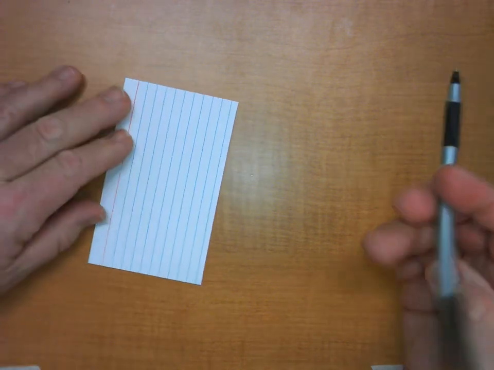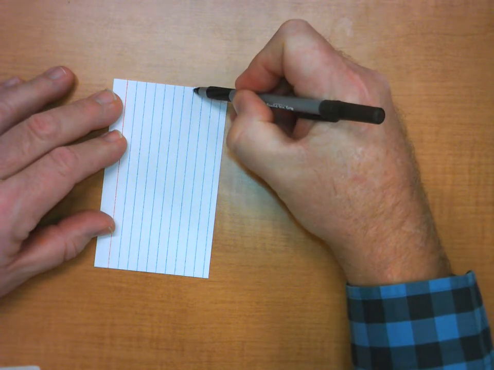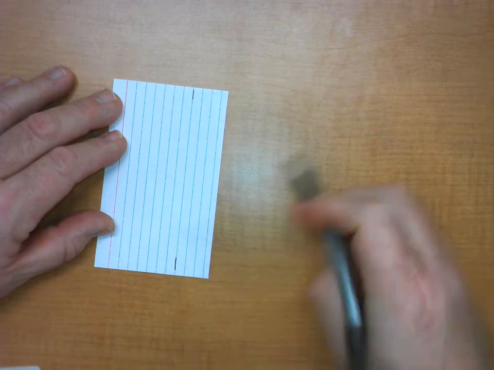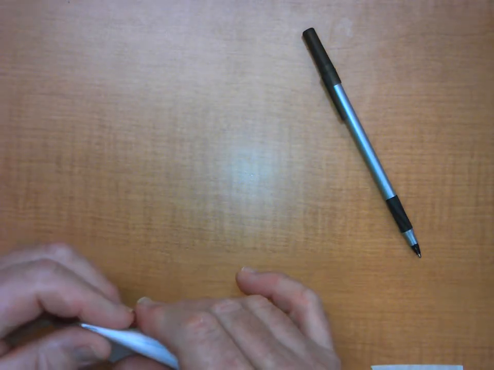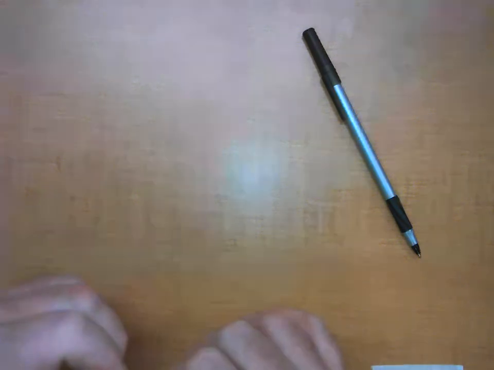So here's what I'd have you do: take your index card, and if we count up 4 lines, 1, 2, 3, 4 lines, make a line. 1, 2, 3, 4 lines, and make another line. And then we're going to fold right on that line of the index card. Okay, fold it there.